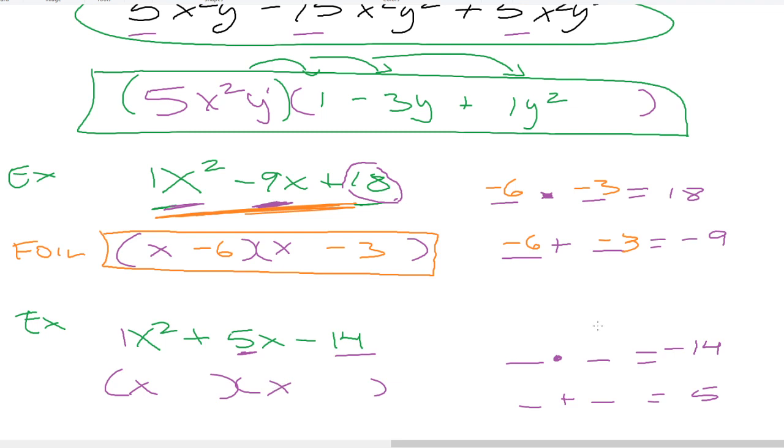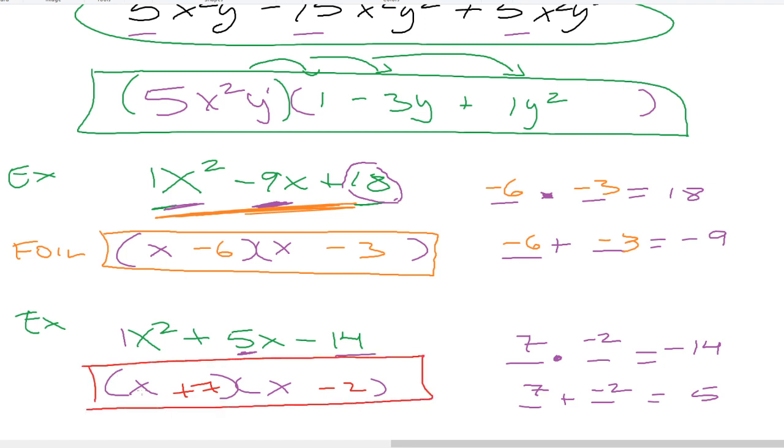Alright, so I can think of 7 times -2 is -14, and if I add those two numbers, I get 5. So that right there will be my answer, plus 7 and minus 2. So these are the two factors that will give me the original trinomial.